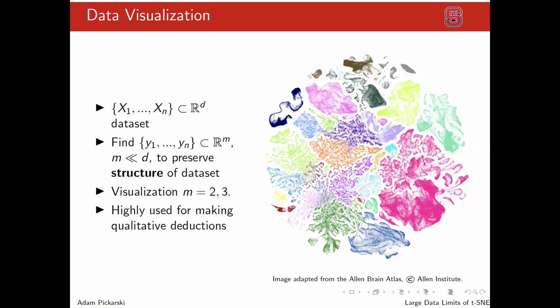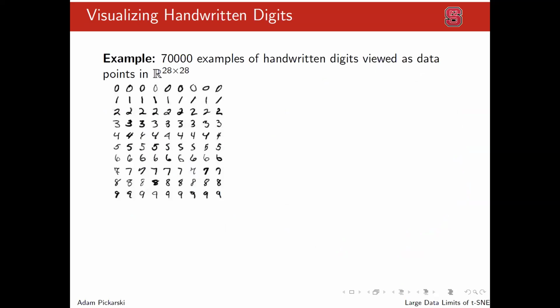They'll also say these blue cells are much different than these seafoam green cells, I guess, because they've been embedded into much different locations. The thing about this is that if you're making qualitative deductions from an embedding, you really want to make sure that it's reliable in some way. This is the overarching motivation for us.